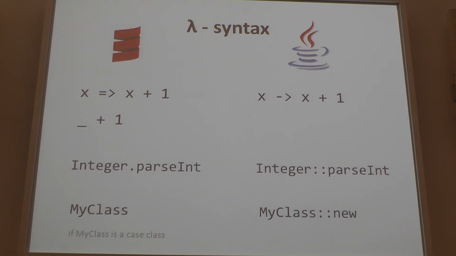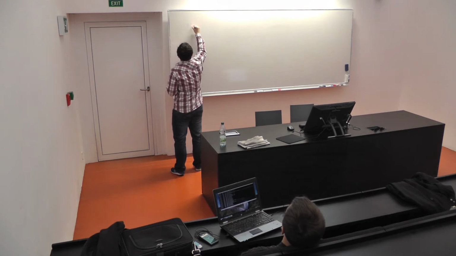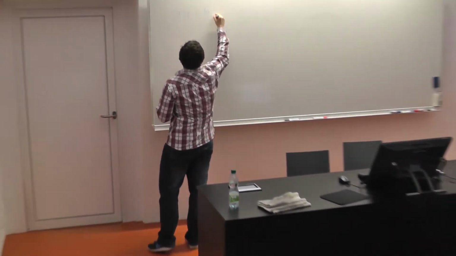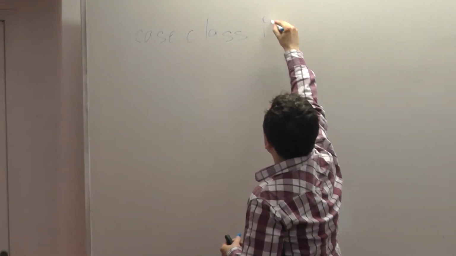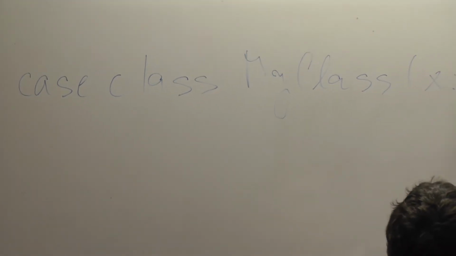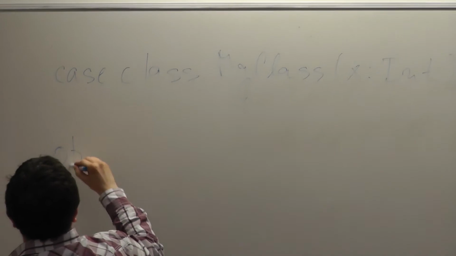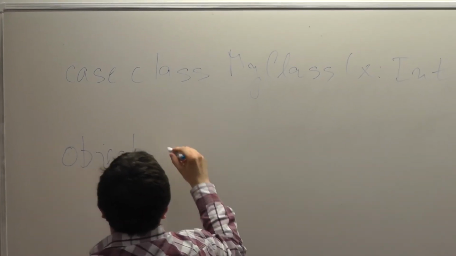But for example, in the case of case classes, the companion object for a case class extends a function. So if you have, for example, a case class MyClass, the compiler will generate a companion object for the case class, which would look basically like this.